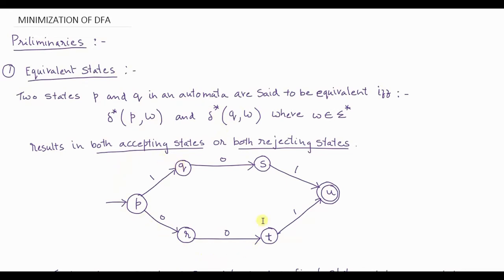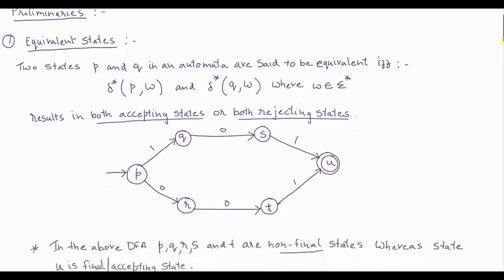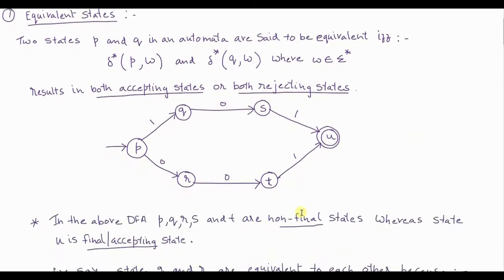Now we have a DFA that is given to us here. Let's see an example. In the above example, there are states P, Q, R, S and T. If you can see, states P, Q, R, S and T are all non-final or non-accepting states, whereas there is only one final or accepting state, that is U in the diagram.